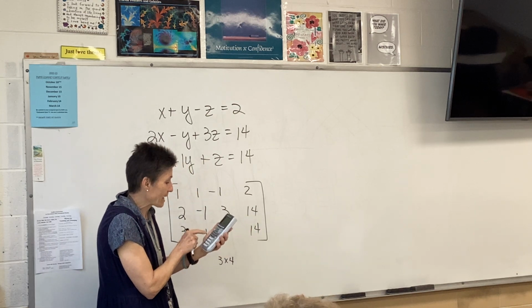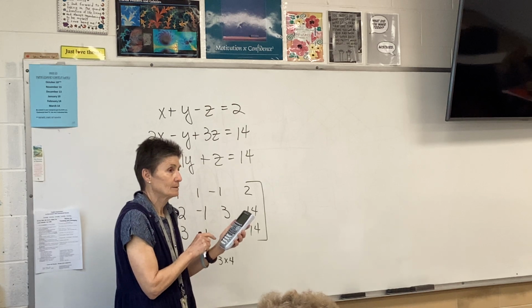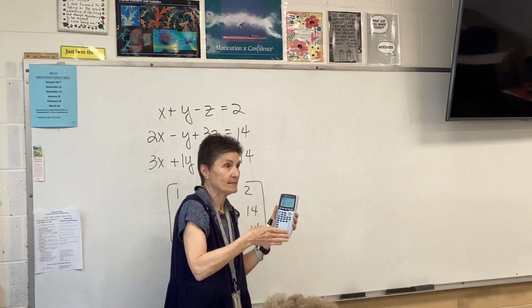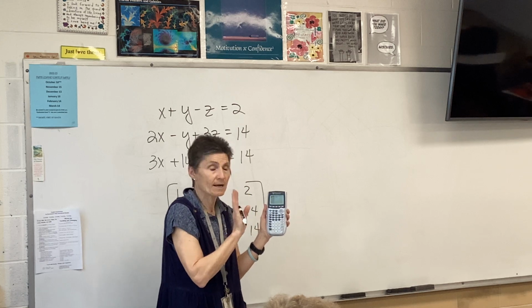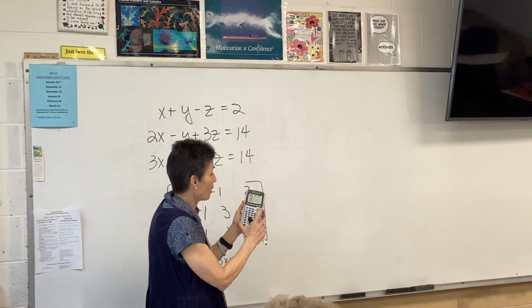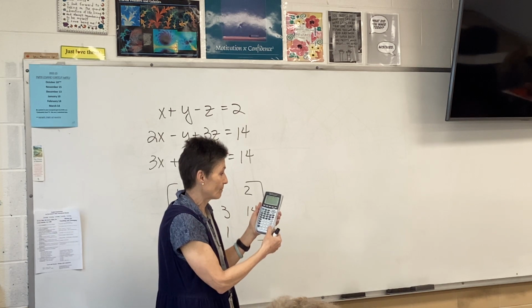So we're gonna go to second matrix. You should have a list of names, A, B, C, D. First thing, I want you to click over across the top to where it says edit and hit enter.